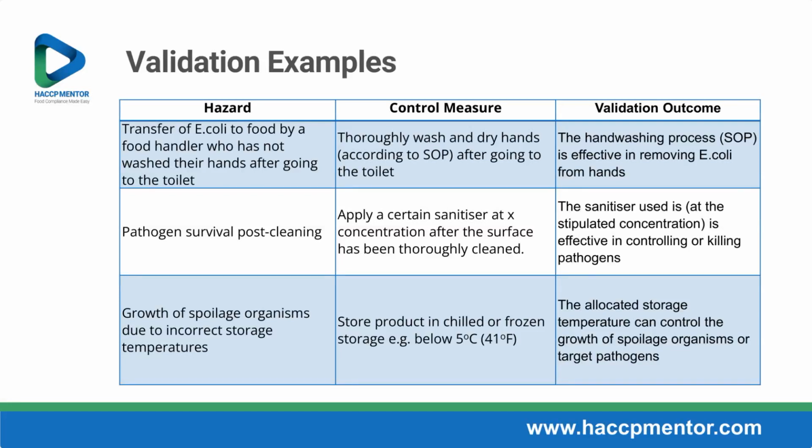That would be another one where you could go down the track of doing process validation, because there are a lot of variations that can occur with wash water for leafy greens: turbidity, pH, the type of product, how dirty it was, how effective the chlorine you're dosing is. So that would be a good example of one that you would do process validation on. So there are a few examples that you can consider.